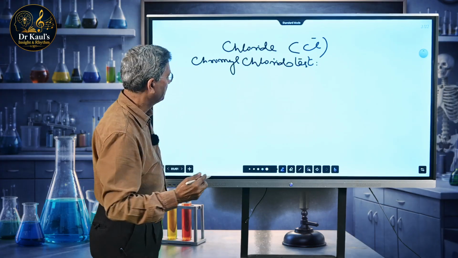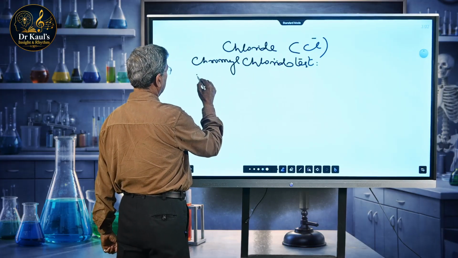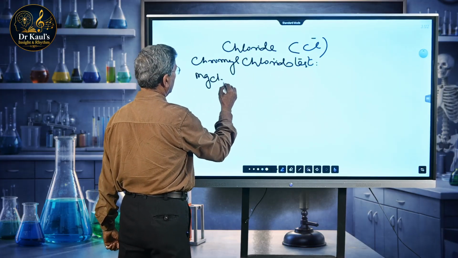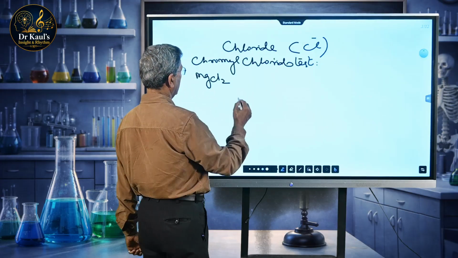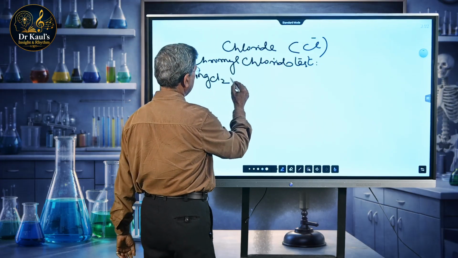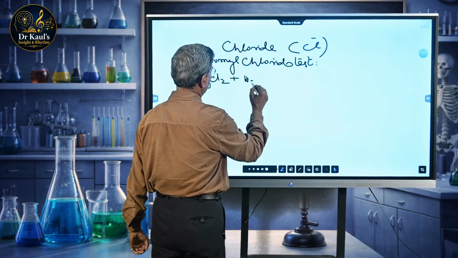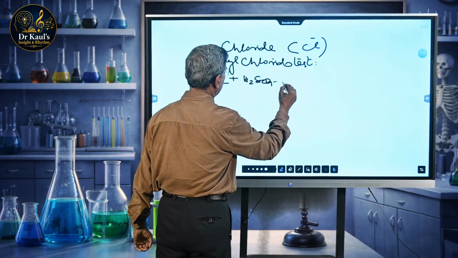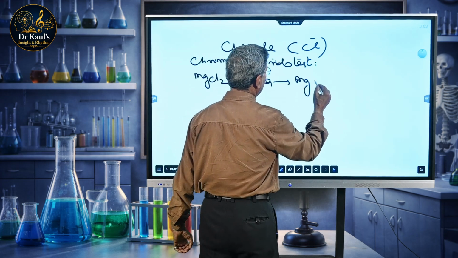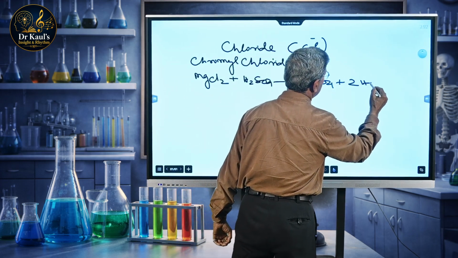How does it happen? Let us say we have magnesium chloride. Magnesium chloride, when treated with H₂SO₄, will give magnesium sulfate plus 2HCl.